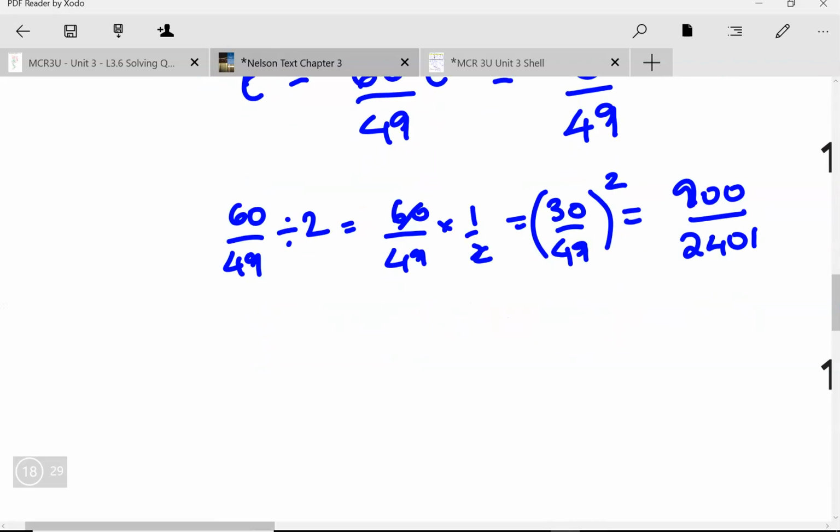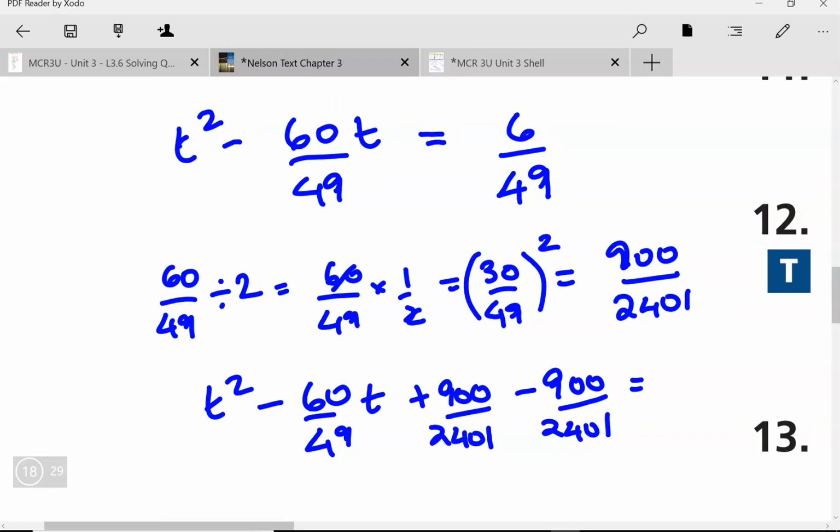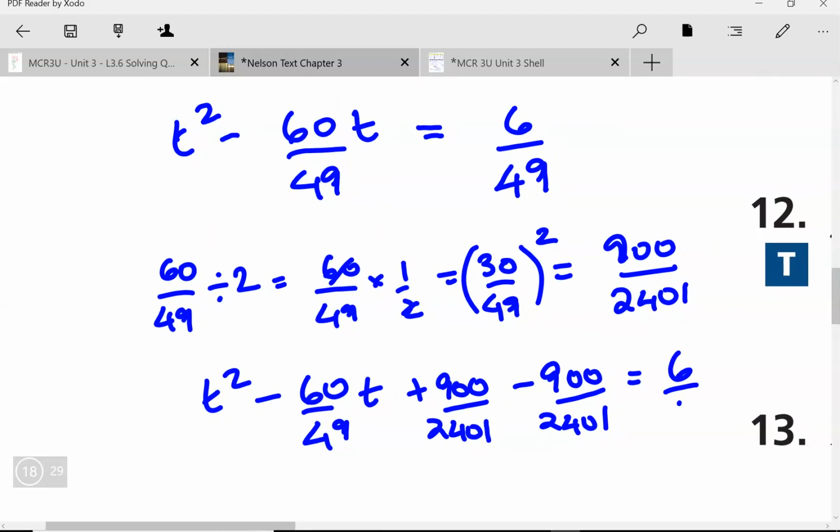So, t squared minus 60 over 49t plus 900 over 2401 minus 900 over 2401 equals 6 over 49.